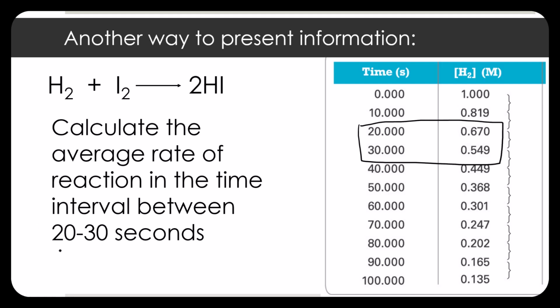Okay. Just as a reminder, our equation is rate equals negative, because it's a reactant, so it's going down, change in concentration for hydrogen divided by change in time. I'm just going to transfer that negative over. So our concentration of hydrogen at some final time: the final time was 30 seconds. Concentration of hydrogen was 0.549. So that's going to go on the top.